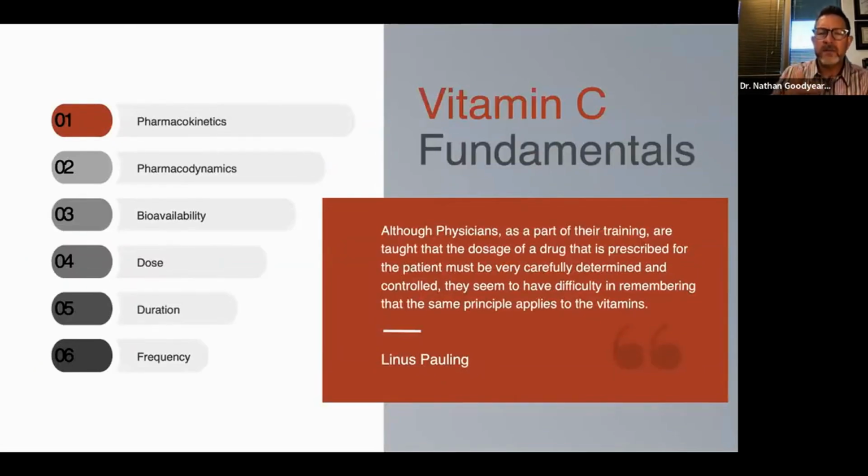So when you look at the vitamin C fundamentals, Linus Pauling back in the 70s really said it well. He basically said, look, as a part of training, we understand how drugs need to be dosed, how drugs need to be delivered to the tissue, and how we need to monitor that. But yet when it comes to something natural like vitamins, particularly here with vitamin C, it gets thrown out the door.